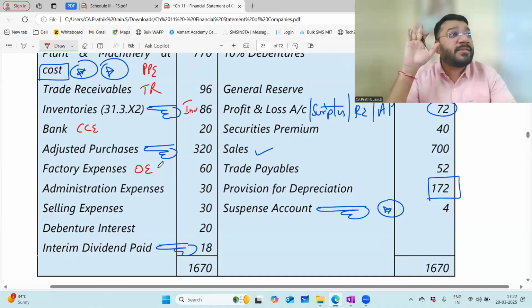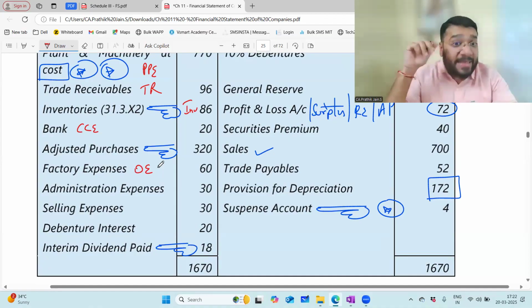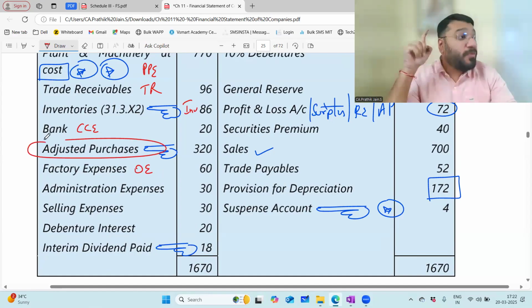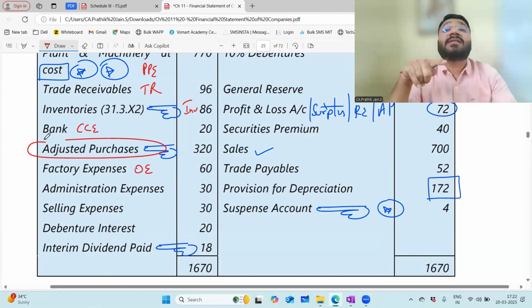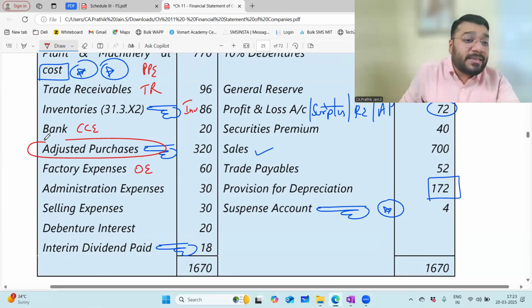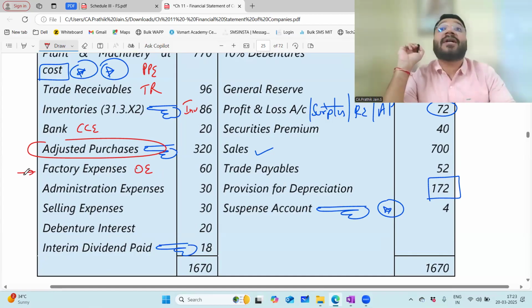They're into manufacturing, yes. Because I have to decide whether this is a trading concern or a manufacturing concern. Based on that, I have to decide what treatment I should do for this. So before I conclude, this adjusted purchase, what is to be done for this? I have to ask myself a question and be clear whether this is a manufacturing concern or a trading business. Looking at this data, I'm clear this is a manufacturing concern.